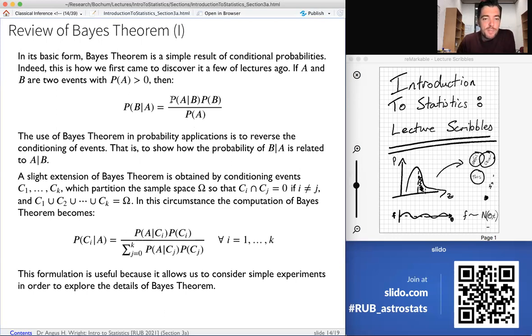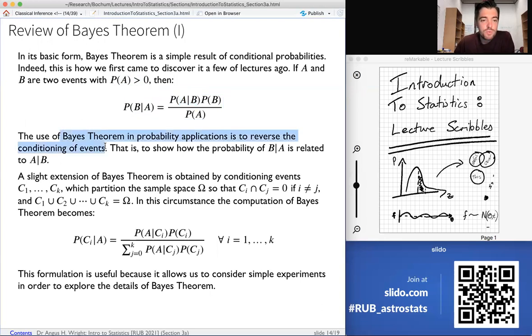When we started talking about conditional probabilities, we looked at the intersection, and what fell out of that conversation was that if you have two events, A and B, and there is a non-zero probability of A occurring, then you can construct the conditional probability of B given A as the conditional probability of A given B times the probability of B, divided by the probability of A. This is what we have seen already a couple of slides ago.